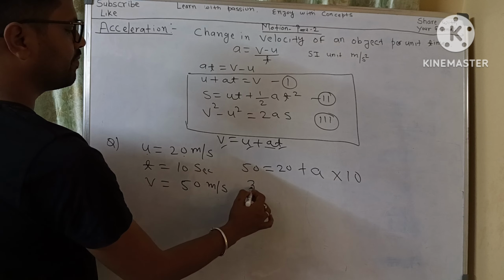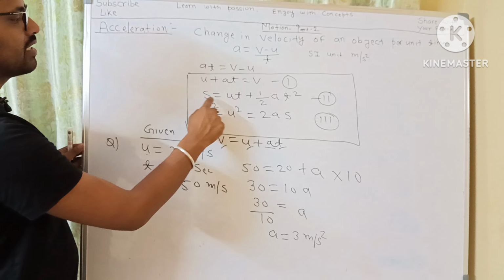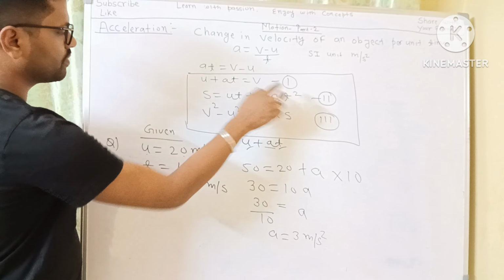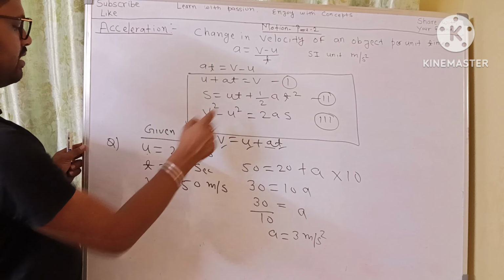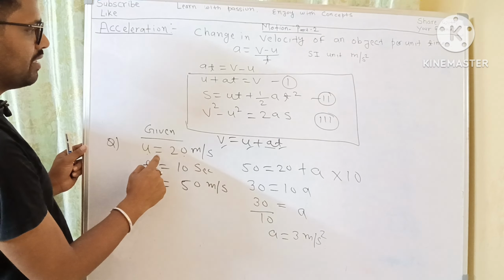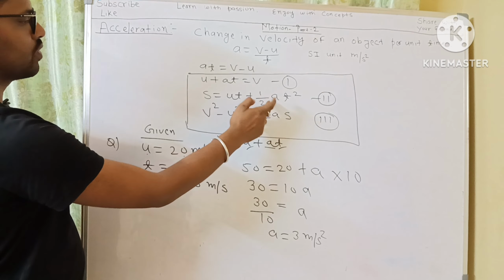Based on the given data. Like here, if somebody tried to use s equals ut plus half at square, then what would happen? Time is given, u is given, half is constant, a we found out, and time is given. We can find s also, the distance.